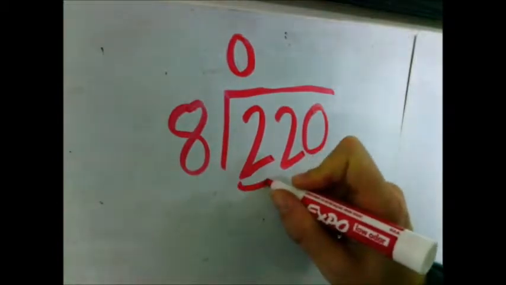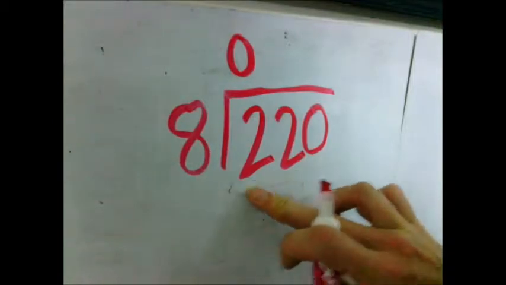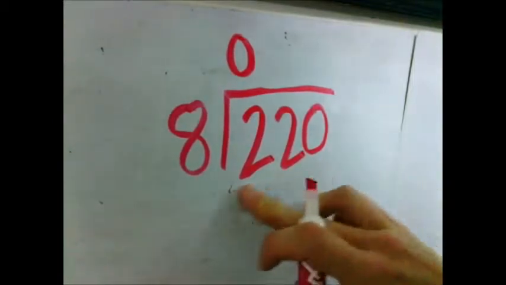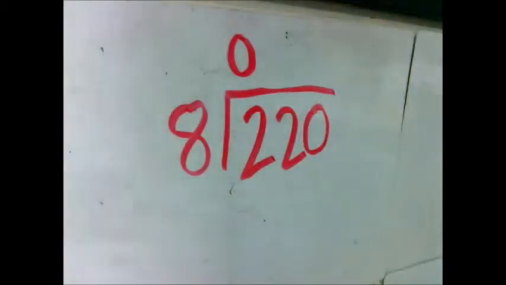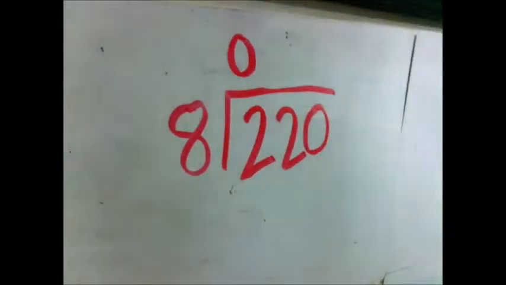So now, since it wouldn't fit into the 2, you want to look at this whole number 22. How many times will 8 go into 22? I know 8 times 1 is 8, so it will definitely go in 1 time. 8 times 2 is 16, so it will go in 2 times.